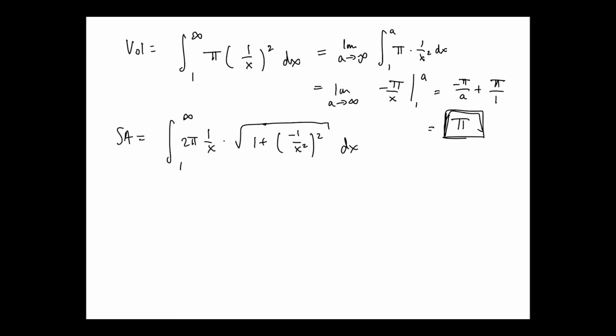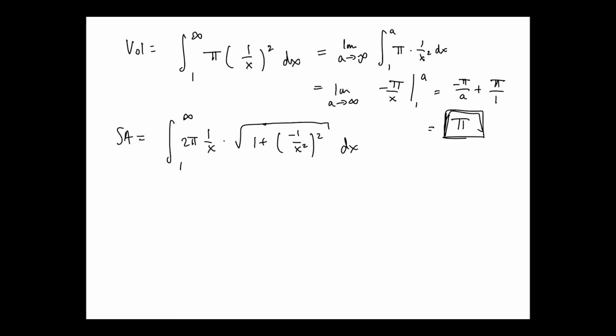Now first off, we know that the integral of 1 over x squared from 1 to infinity definitely converges by the p-test, right? And in this case it happens to converge to 1, but we've got that factor of pi, so the whole thing converges to pi.